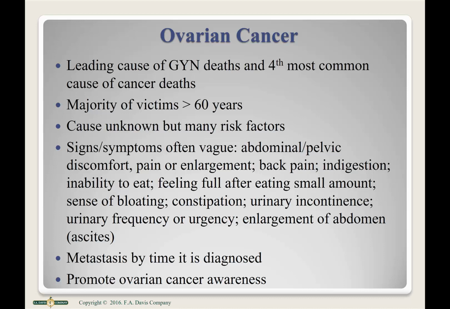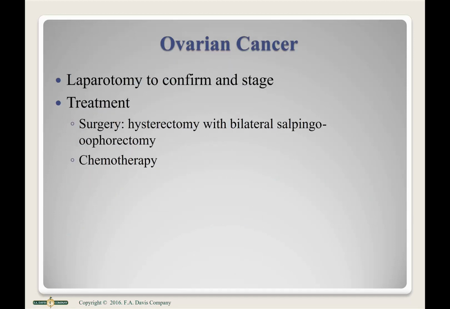The people who are at risk are those who still have ovaries. So people over 60, if they still have their ovaries, then they need to be educated about making sure they have their exams and reporting any signs and symptoms that are vaguely related to ovarian cancer.